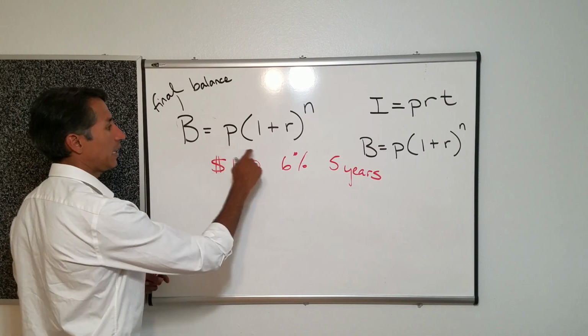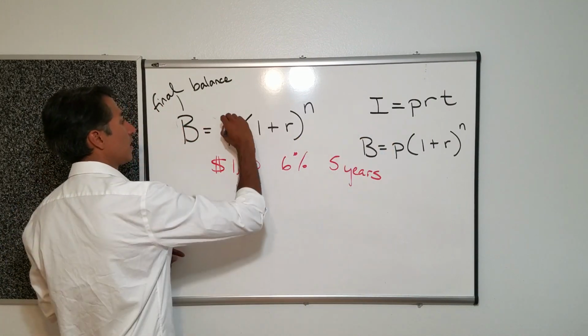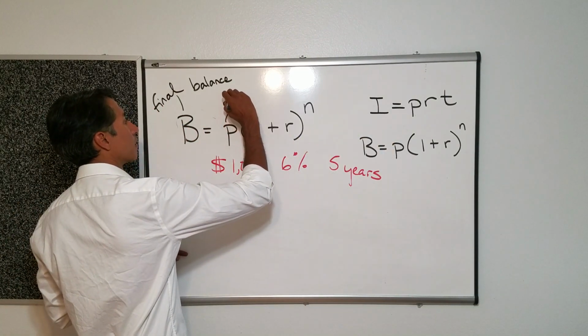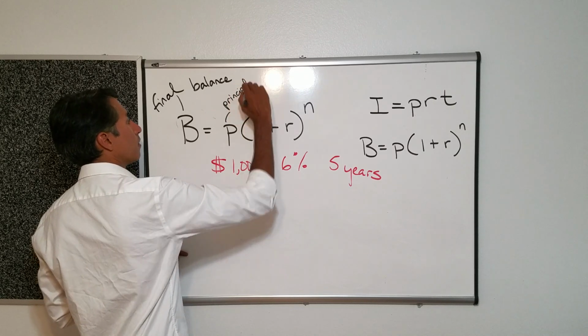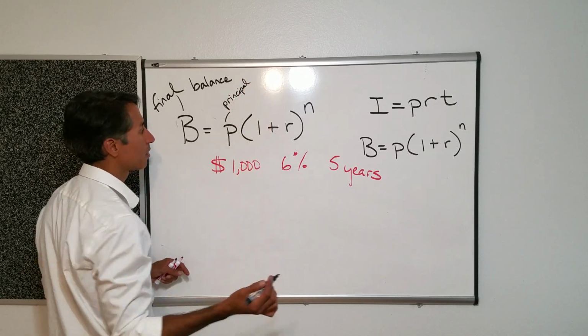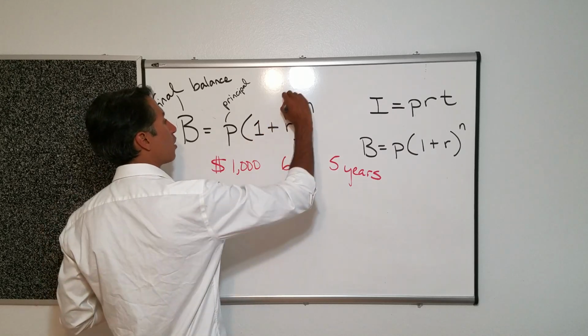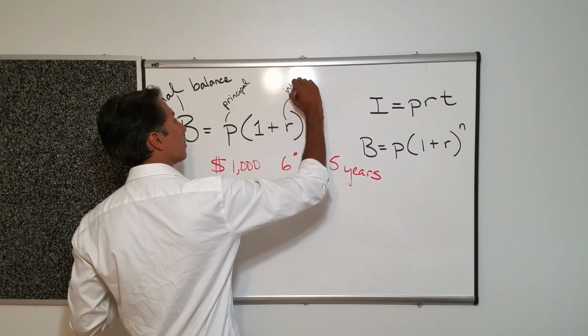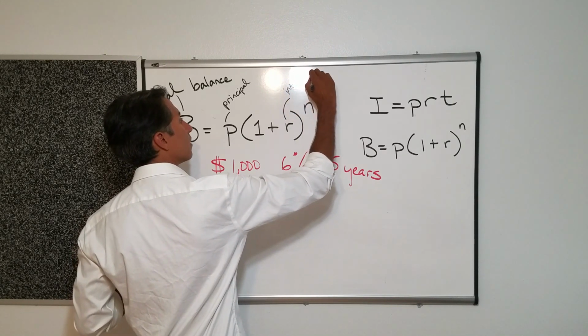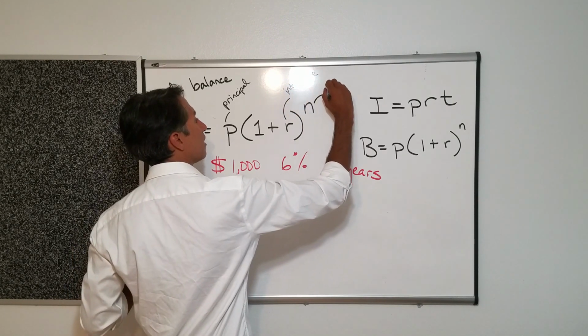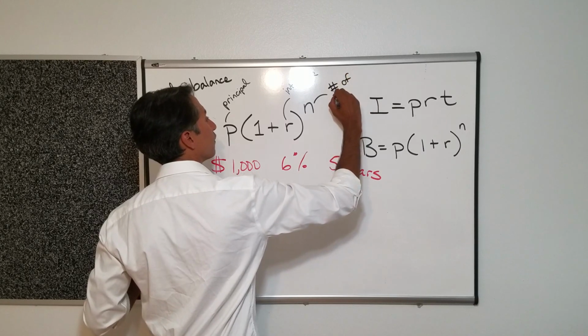P, just like in this equation, is the principal. Principal or starting amount, that's just a number 1. And then we have R, which is the interest rate, and then N is the number of years.